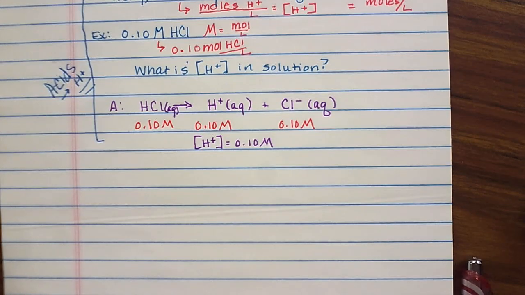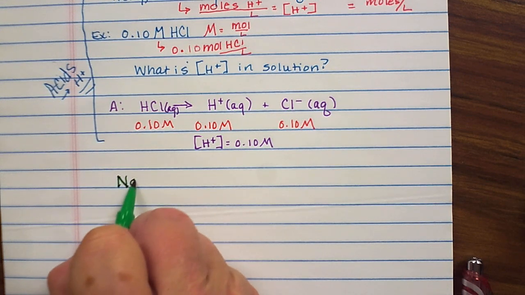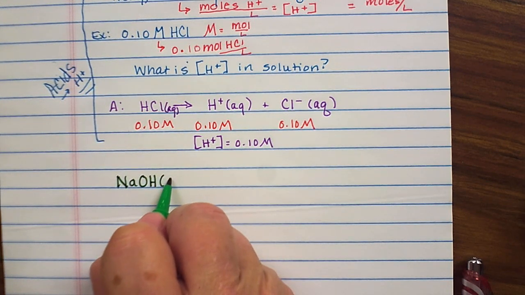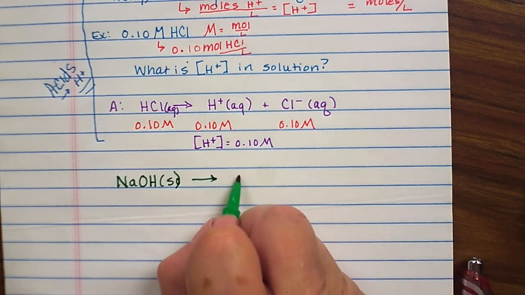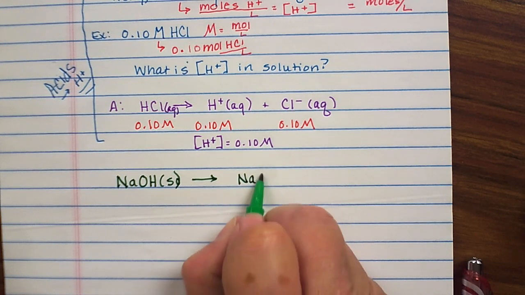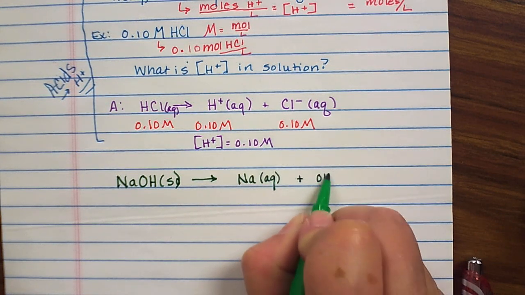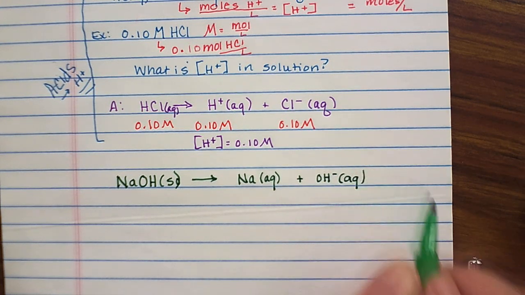What about bases? These are all acids here. What about bases? So bases do something different, and I'm going to make bases green. If I have sodium hydroxide, that is going to dissociate into sodium, which is aqueous, plus OH minus, which is also aqueous.